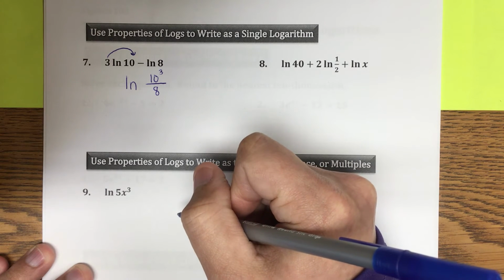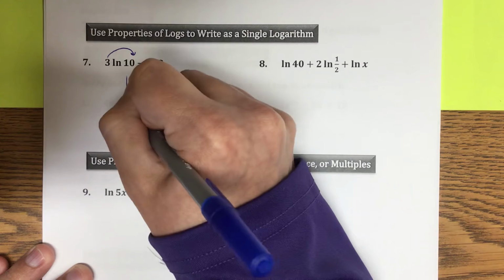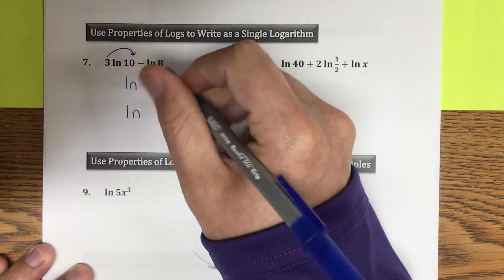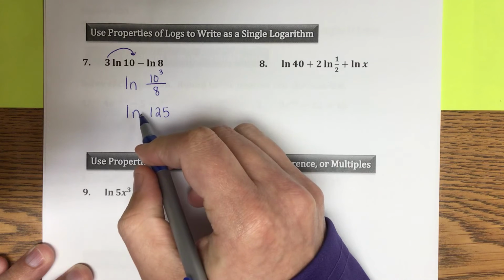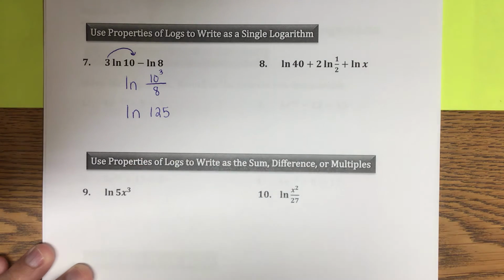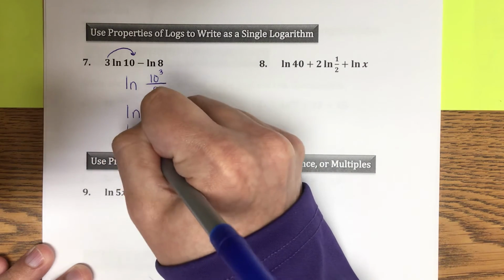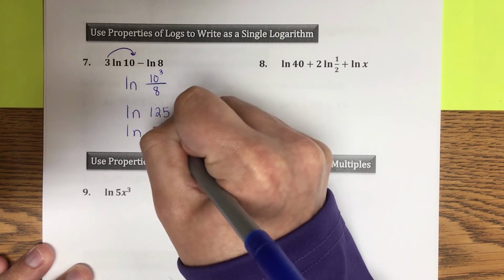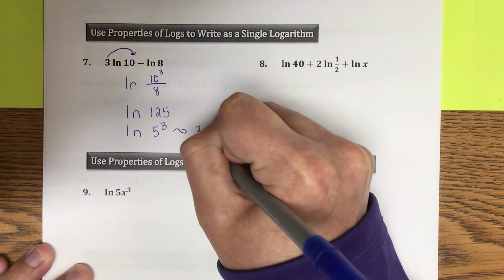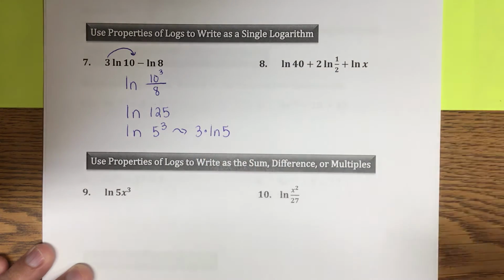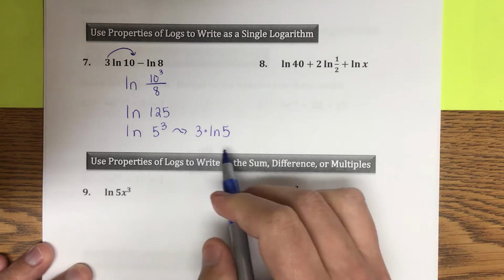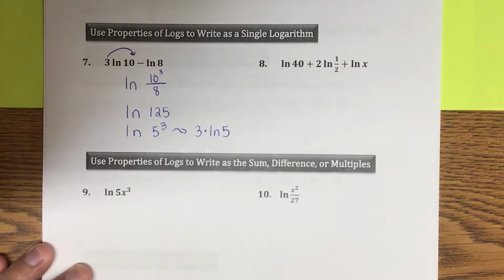So 10 to the 3rd is 1,000. 1,000 divided by 8, I believe, is 125. And so you can leave it as this, or you can change it to 5 to the 3rd, and then move that 3 out front to have 3 times the natural log of 5, which is a much more abbreviated version than what we have in number 7.